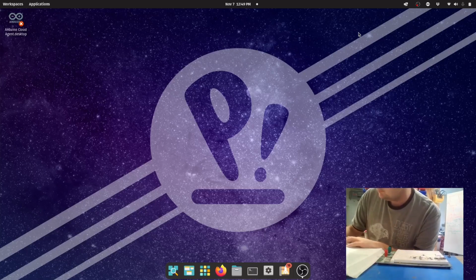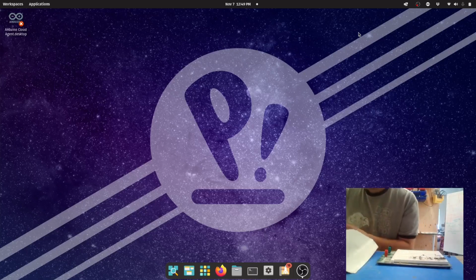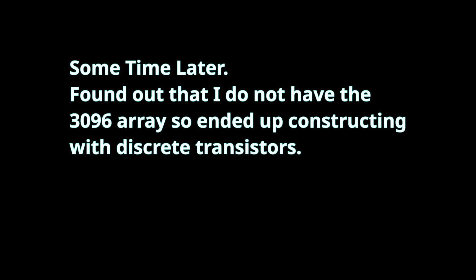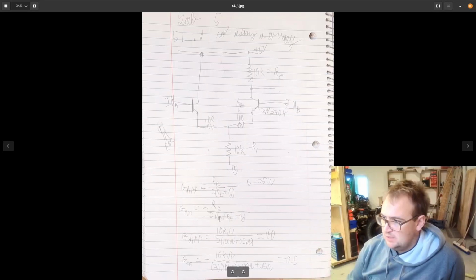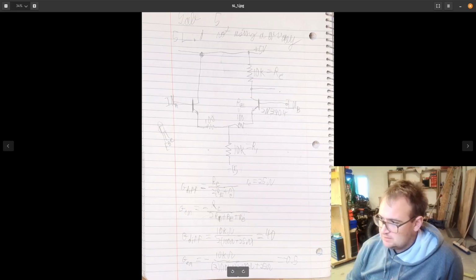page 209, which uses a 3096 array. So let's just go through that.